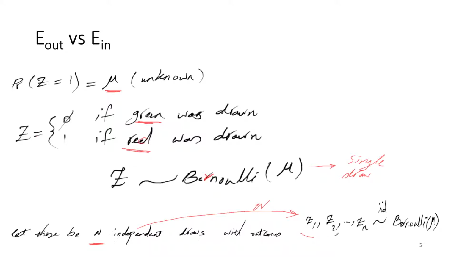So you're going to have Z1, Z2 up to Zn, and all of them are coming from the Bernoulli distribution, and all of them are independent and identically distributed. We talked about it in the previous session. So they are independent from each other. So this IID represents that. So now, when we have n of those draws, how are we going to relate our mu and v here, right? So basically, this session we're going to talk about this.